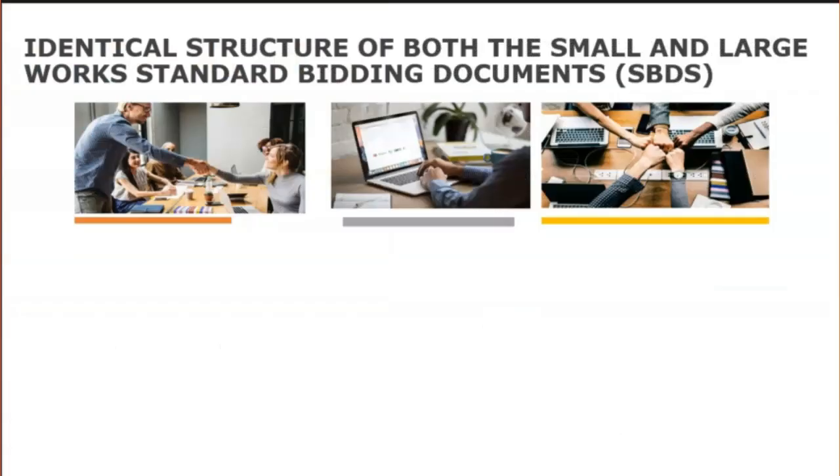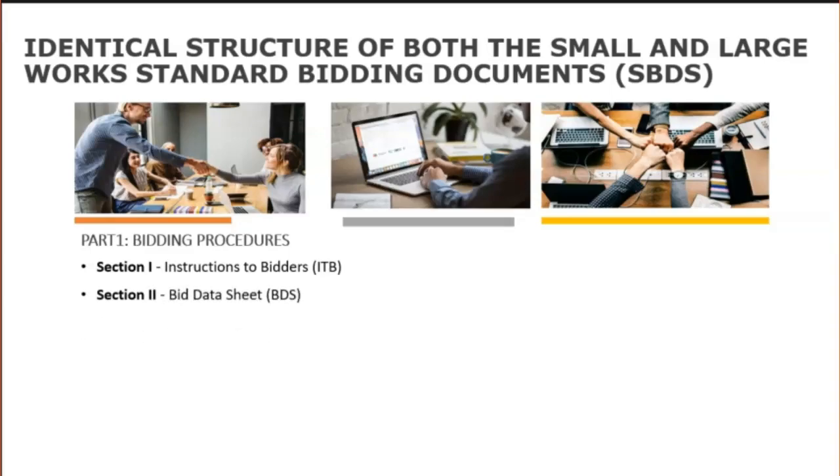Let's look at the identical structure of both the small and large works standard bidding documents. Here, let's look at part 1, bidding procedures. Under bidding procedures, we have instructions to bidders in section 1, and in section 2, we have the bid data sheet.